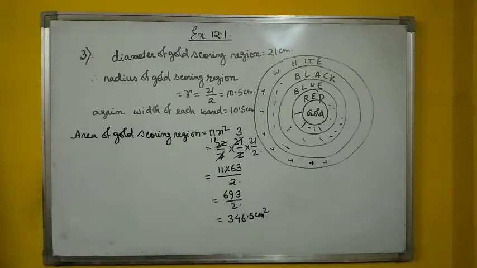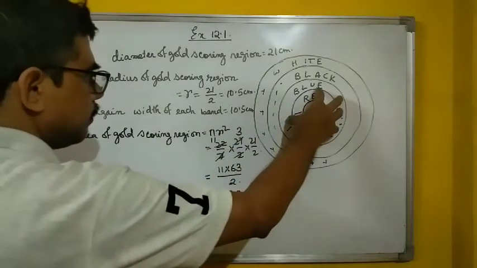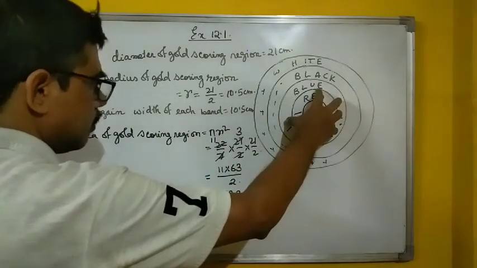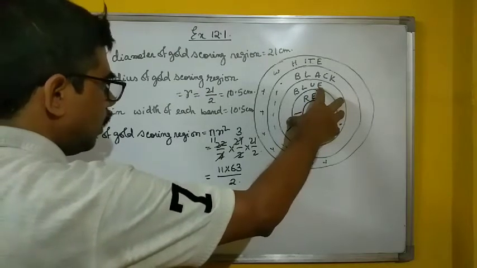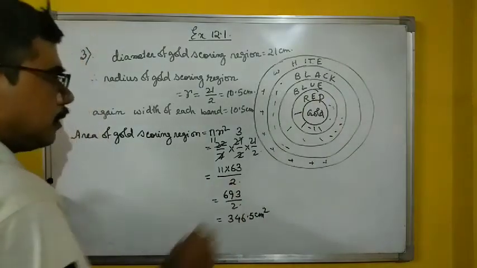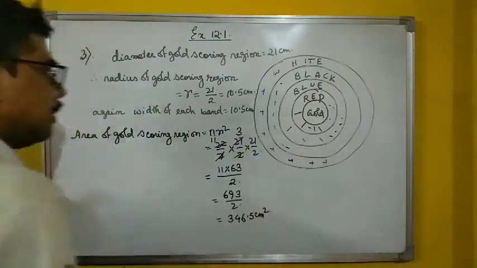After the gold scoring region, we have to find the red scoring region. How to find it? Whole area minus gold scoring region.